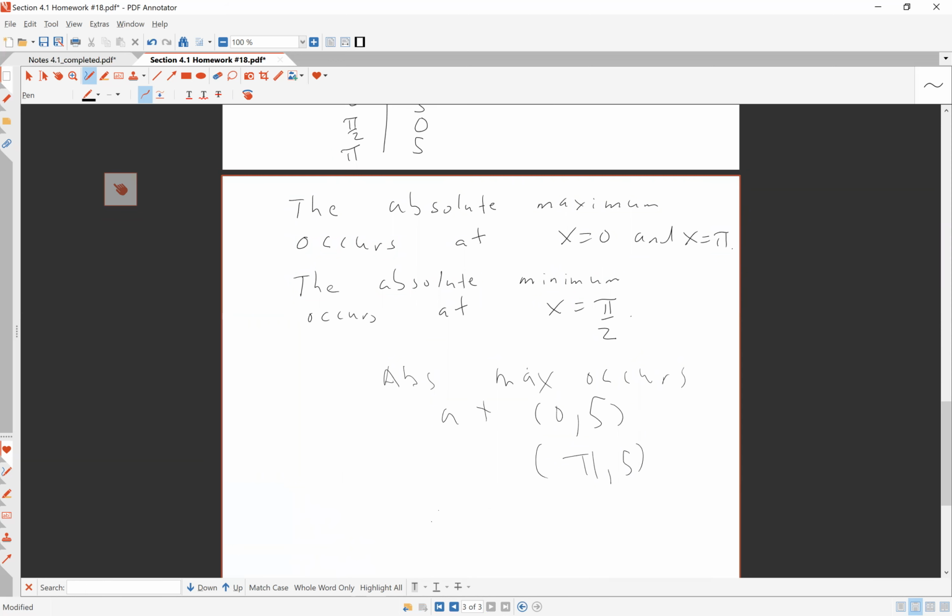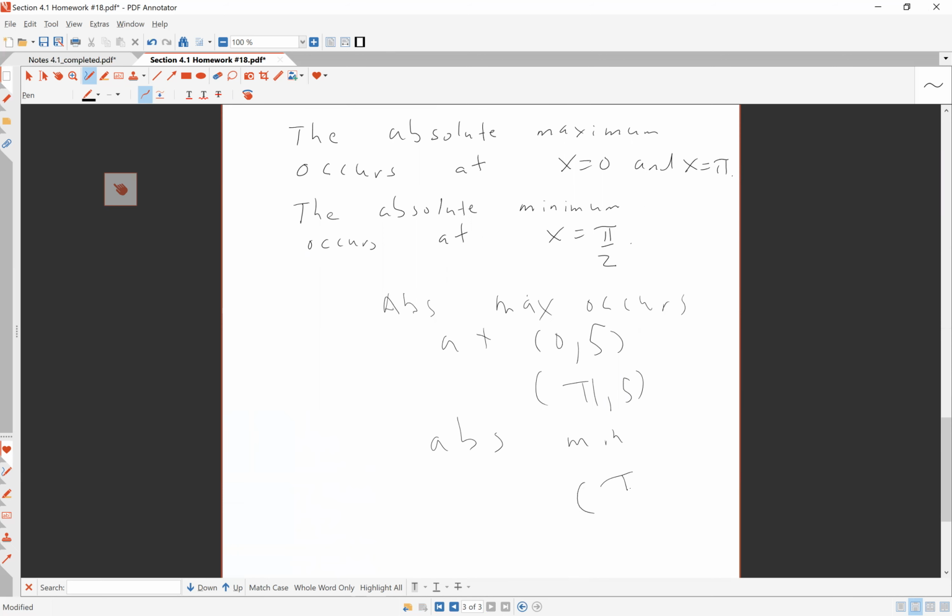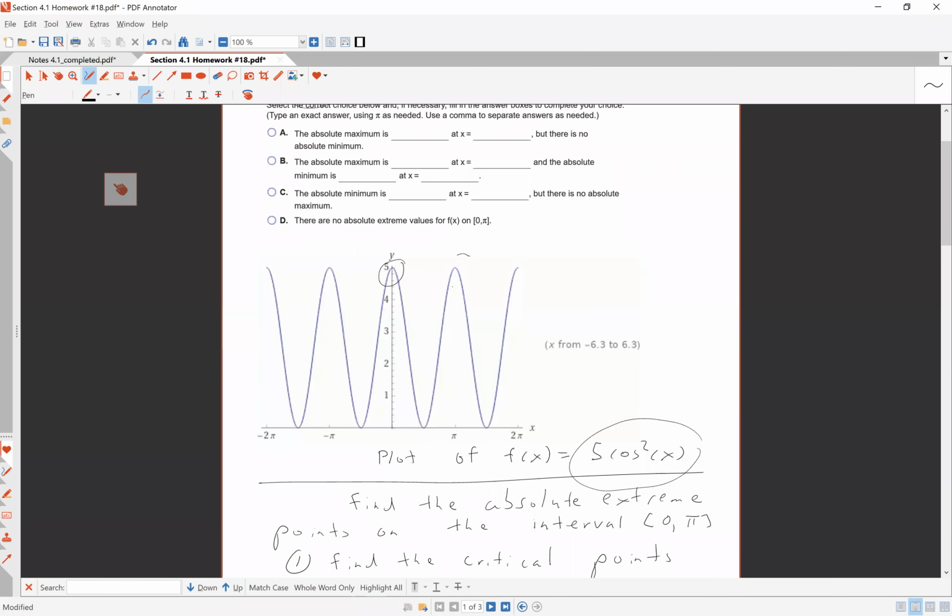And the minimum is at pi over 2, 0. And that actually corresponds to our graph. I can make this go up, right? That kind of corresponds to our graph: maximum, maximum, minimum.